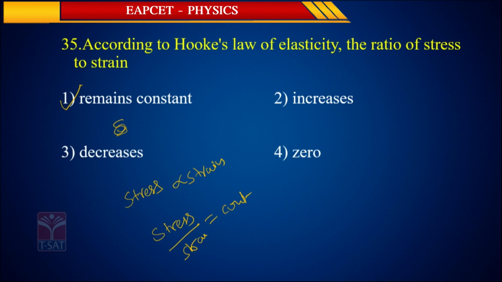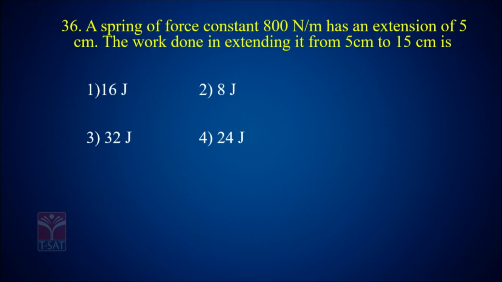Okay, and next: a spring of force constant 800 Newton per meter has an extension of 5 centimeter. What is the work done in extending it from 5 centimeter to 15 centimeter? Here the work done is equal to Ui minus Uf.